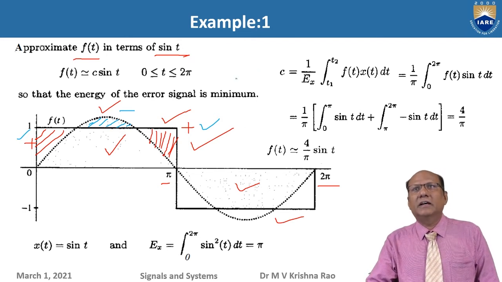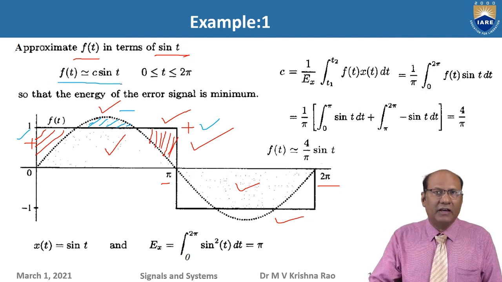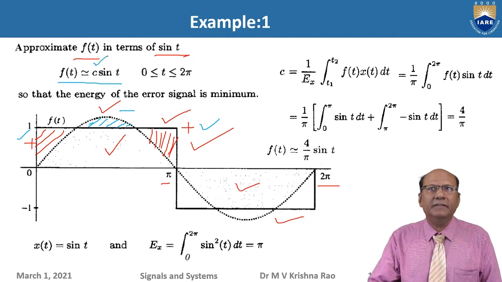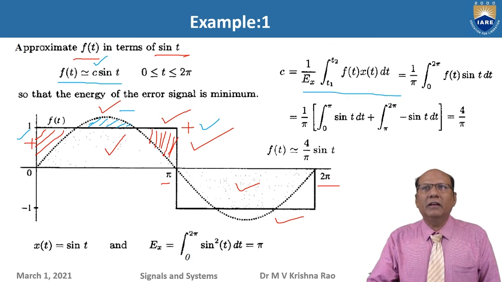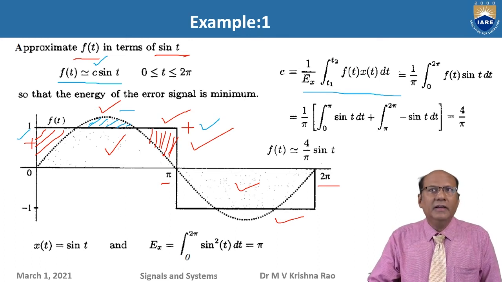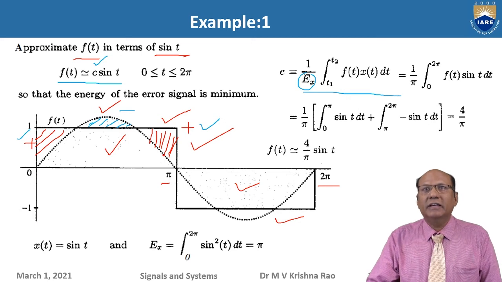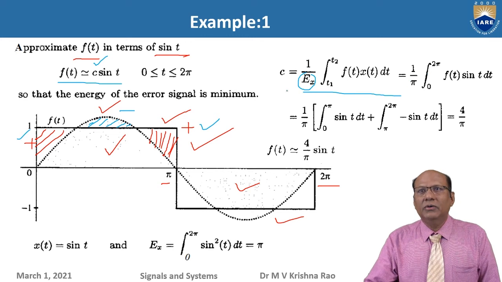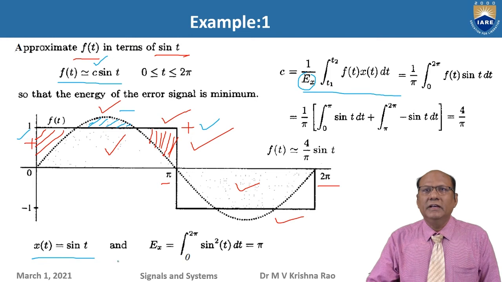So let us do this. I am approximating f of t in terms of sine of t, and I have the fraction part here, c. And I know the definition, c equals the integral from t1 to t2 of f of t into x of t dt, divided by Ex. This is nothing but the energy of the signal x, where x here means sin t. Now if you see at the bottom, x of t is sin of t.